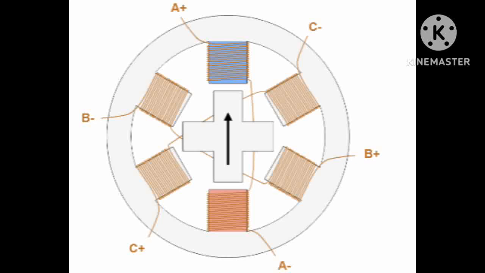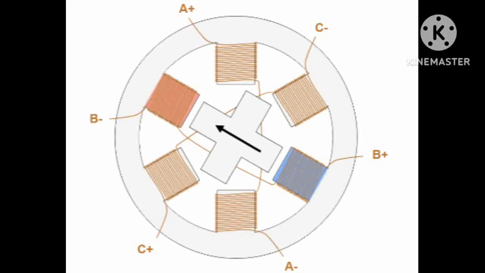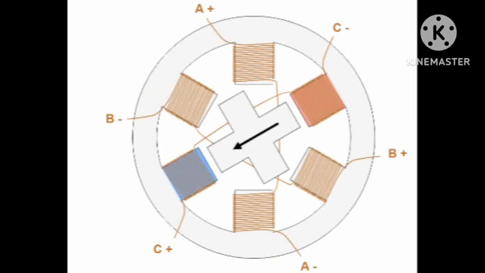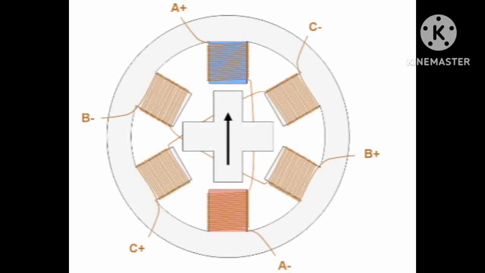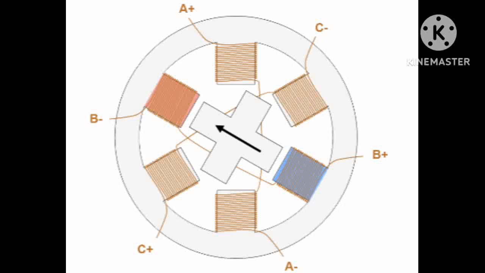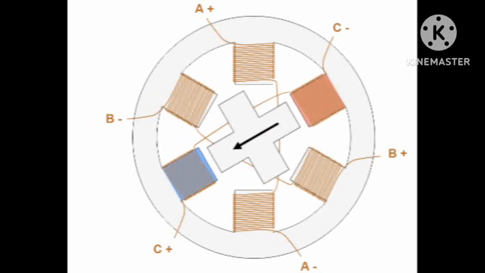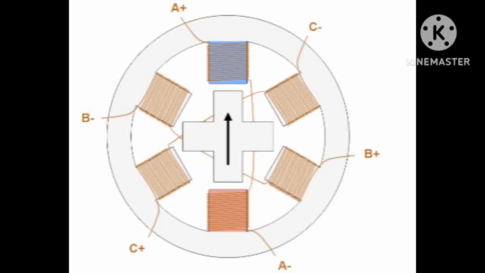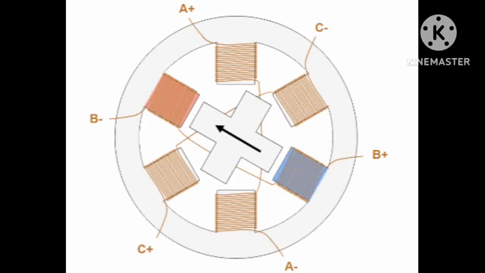The angle between them is 0 degrees, and when the angle is 0, the torque is also 0. When torque becomes 0, there is no movement in the rotor. This principle is used only in stepper motors. A stepper motor applying this principle is called a variable reluctance type stepper motor.